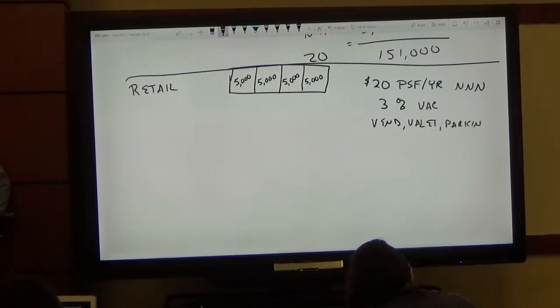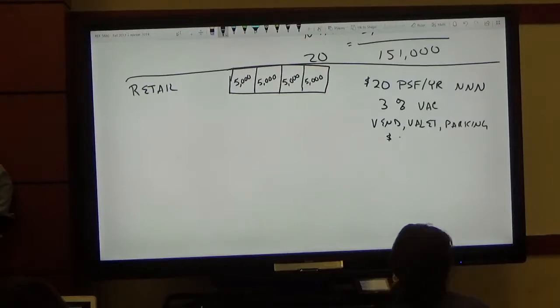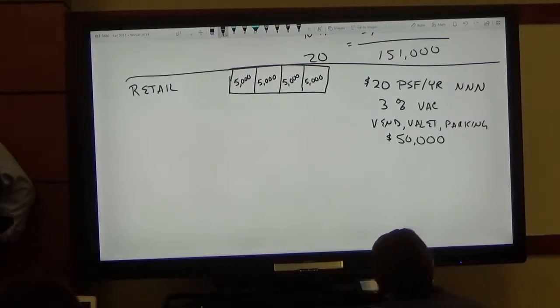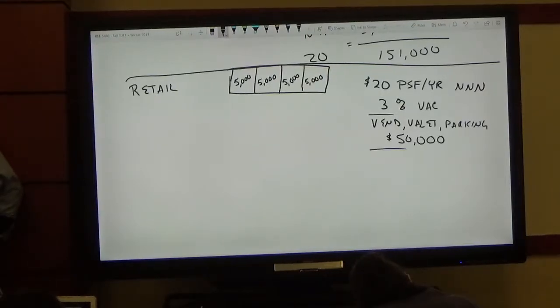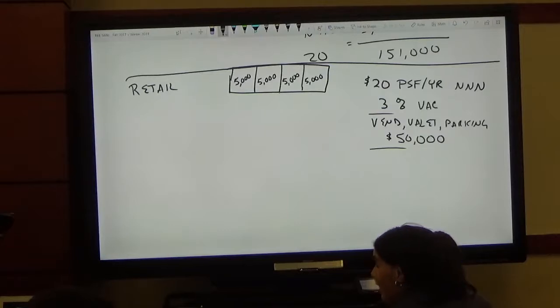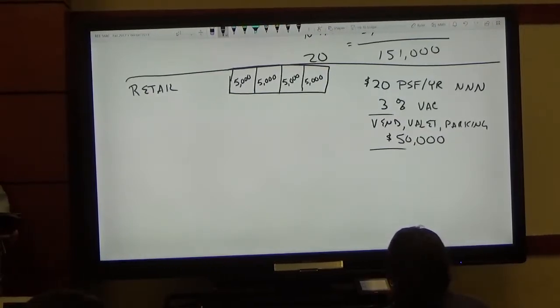Okay, so high demand area. And so what is that other income number going to be? Probably like 50,000. Oh, that's a lot. That would be potentially, well, valet plus parking. We'll go with 50,000, what the heck? It's high-end parking at a low-end retail store. Hey, it's in downtown. It's in perfect combo.